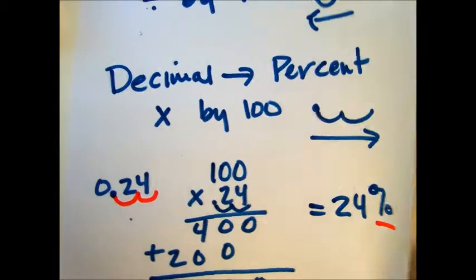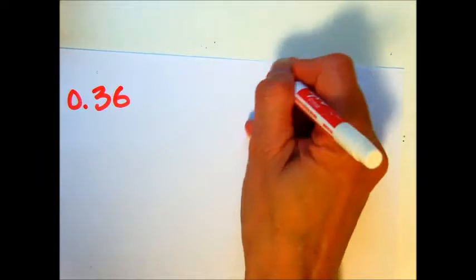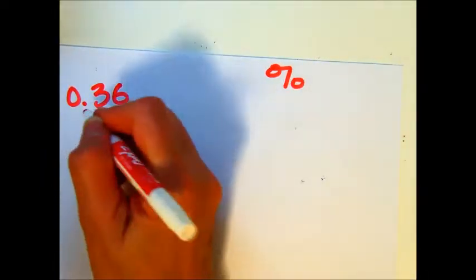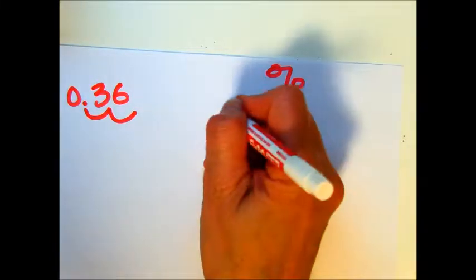So let's do a couple more, just so you get the hang of it. Let's say we have 0.36. We want to convert that to a percent. That means we're going to move it over 2 places to the right and then add a percent symbol.